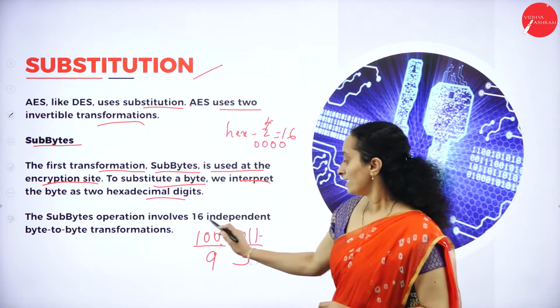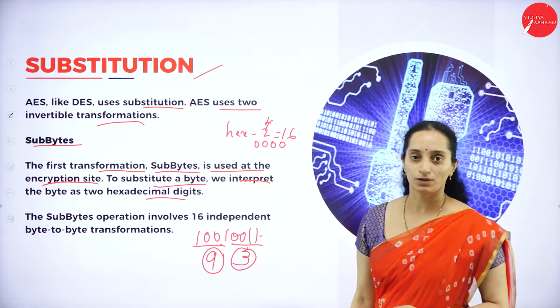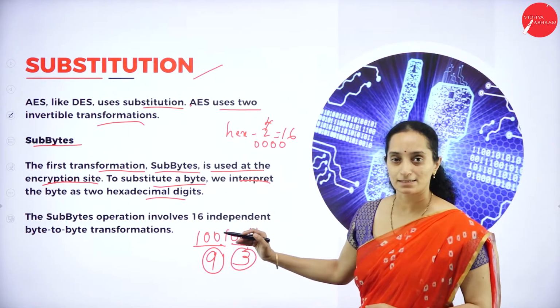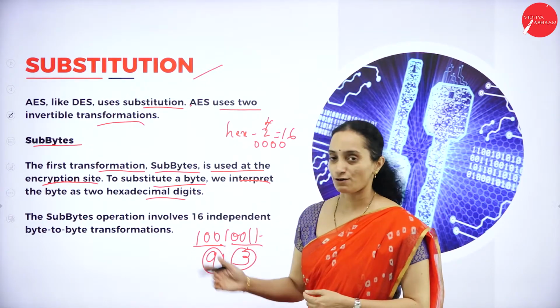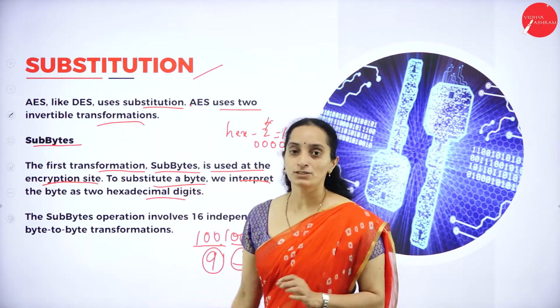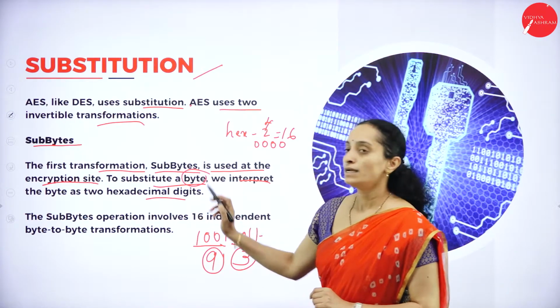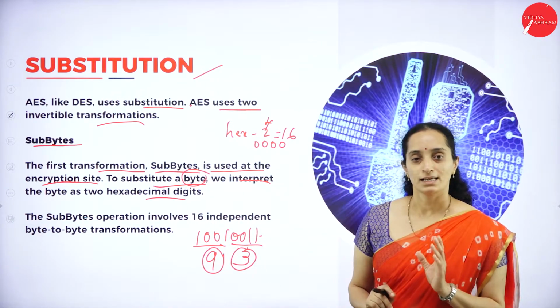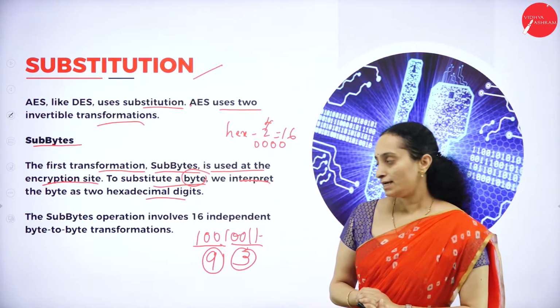That means the 8 bits will be replaced by only 2 digits. So memory space and representation will be easier in the case of hexadecimal. For this intention, the sub-byte uses the hexadecimal representation for each byte in the message or in the plain text.